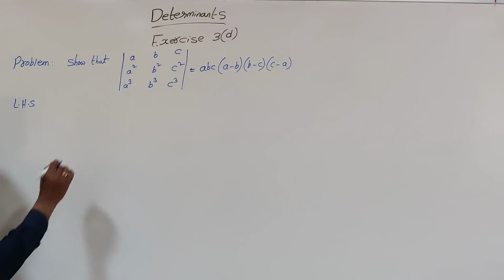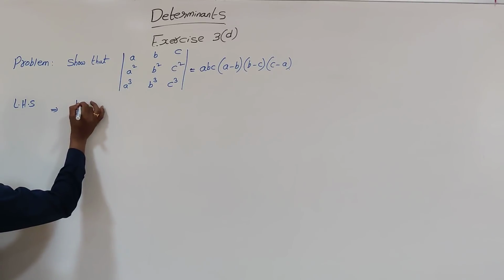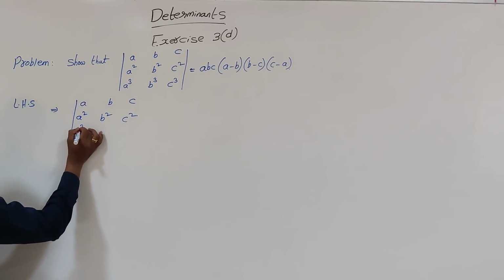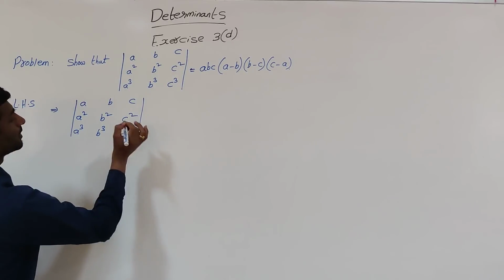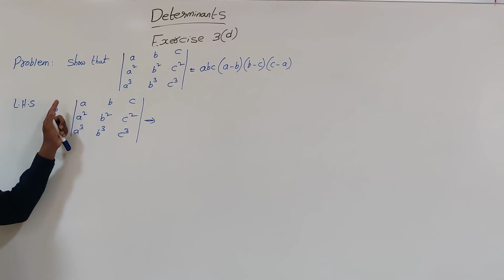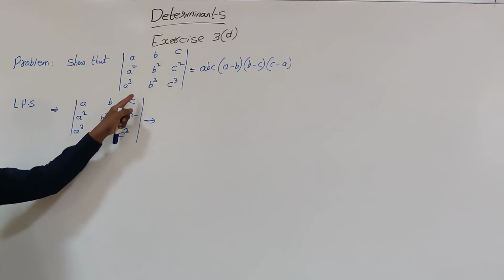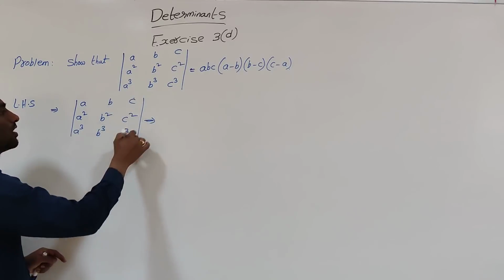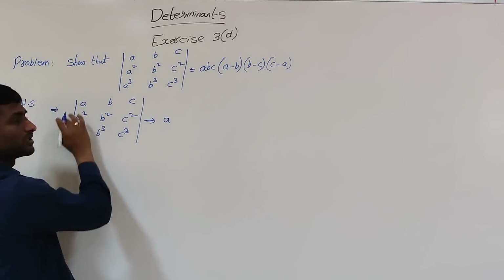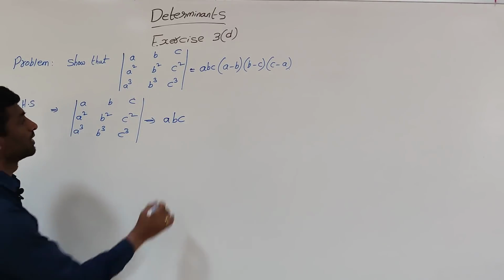So as per the property, let me write what is given: A, B, C, A square, B square, C square, A cube, B cube, C cube. As every element of column 1 is multiplied with A, every element of column 2 are multiples of B, and every element of column 3 are multiples of C. So the determinant of this matrix will be A from the first column, B from the second column, and C from the third column, A, B, C into the determinant.